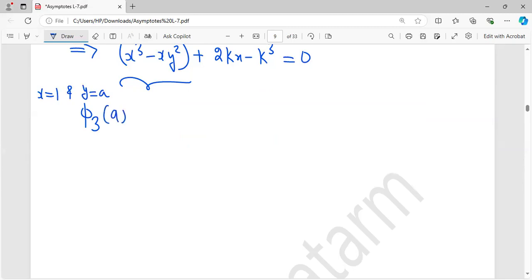Then what will be phi 3 a? This is 1 minus a. And what is phi 2 a here? There is no second term, so it is 0. And what is phi 1 a? This is 2kx. You put in place of x, you put 1. So 2k.